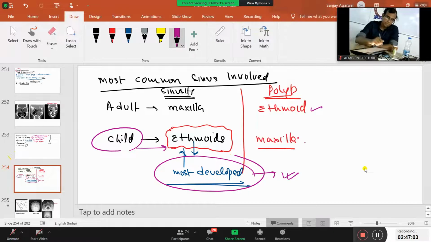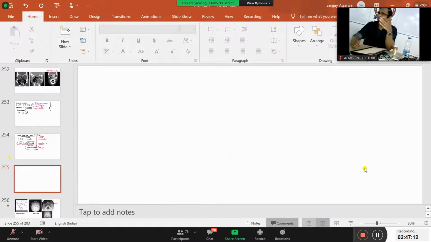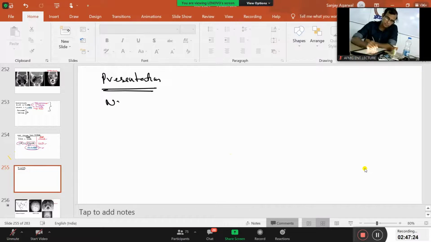Right. Now, the symptoms of all the sinusitis are pretty much the same. Like we discussed in tonsils also, there are so many types of tonsillitis, but the symptoms and presentations for most of them are the same. So the most common presentation for any rhinosinusitis is nasal blockage with nasal discharge.